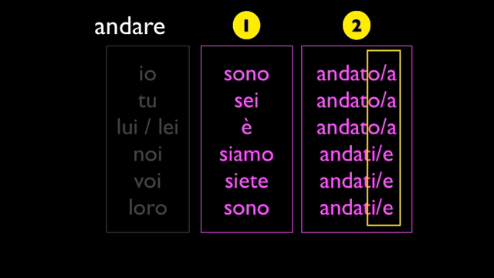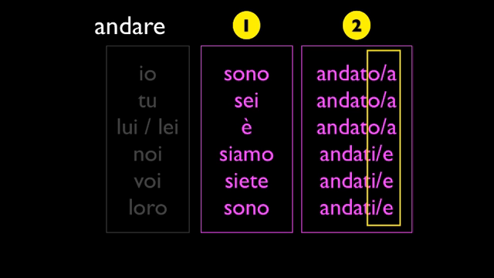So in the first example, sono andato, if the person speaking, saying that I went someplace, is a boy, it'll end in an o: sono andato. If it's a girl, it'll end in a: sono andata. And this stays true for all of the singular forms. Sono, sei, are all either o or a, and those changes follow the rules of adjectives in Italian.